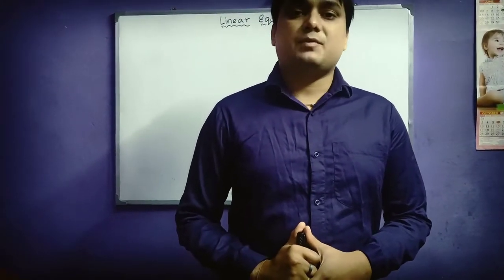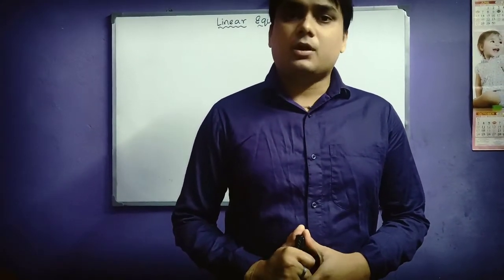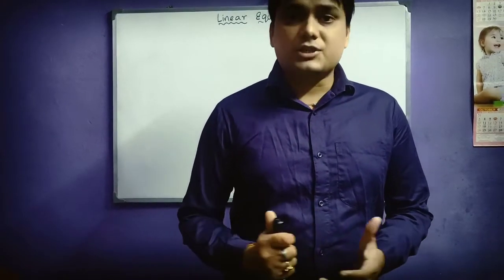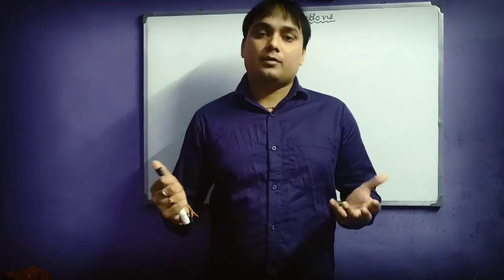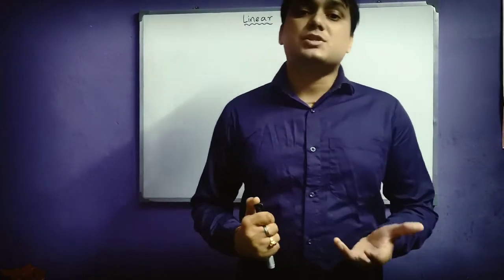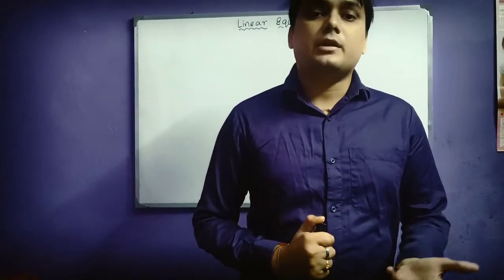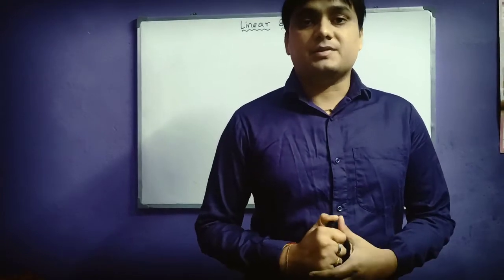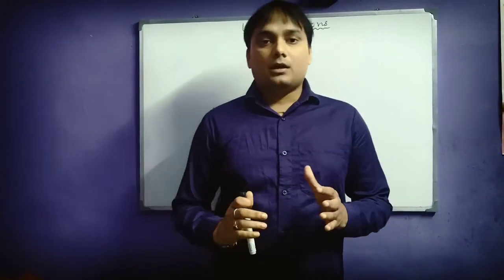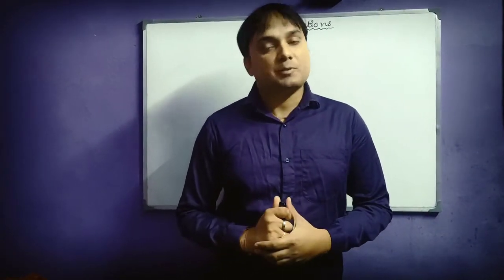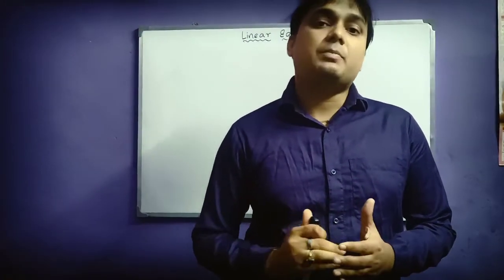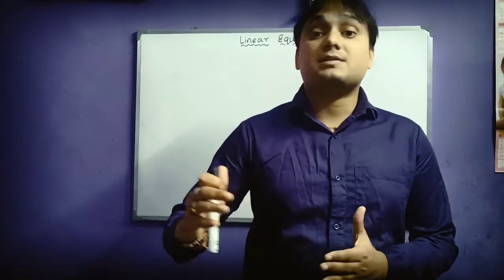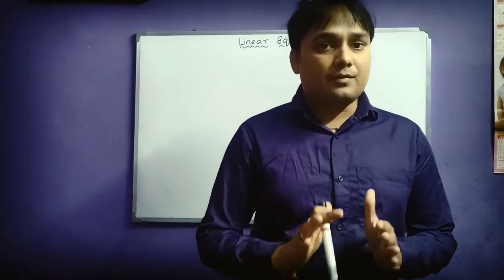So students, before knowing linear equations, you are already aware of algebraic expressions. Algebraic expressions consist of variables, and they can also consist of constants. You have already done these in previous chapters. Why am I talking about algebraic expressions here? Because an algebraic expression becomes an equation when it equals something.